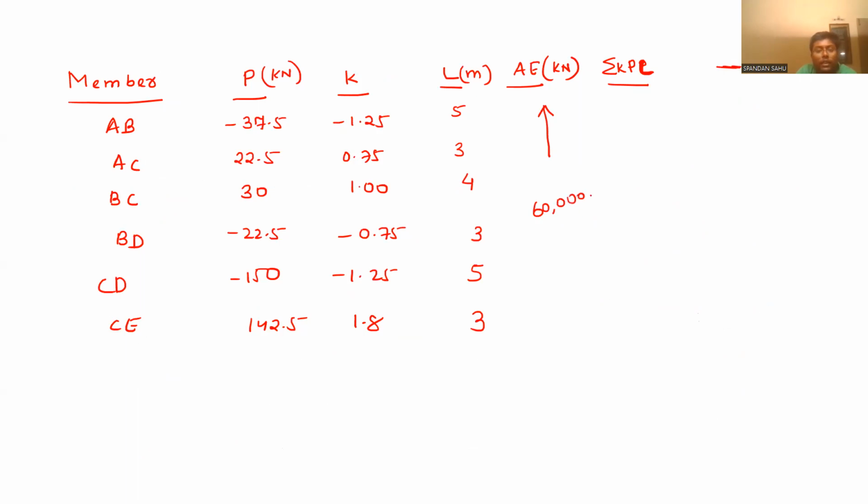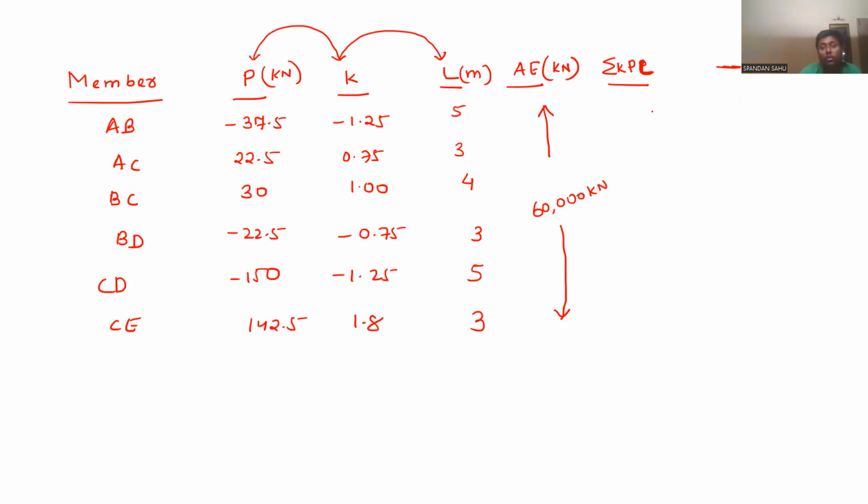That we have calculated in the first step only. Now, when you do the multiplication for these three entities for all the members, you will get the values.